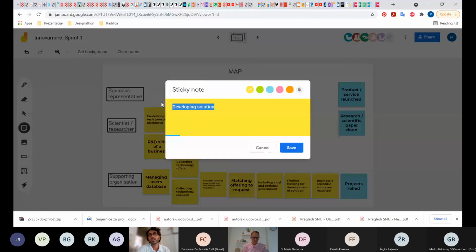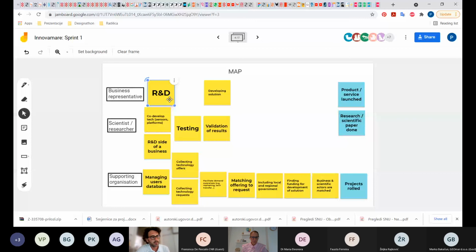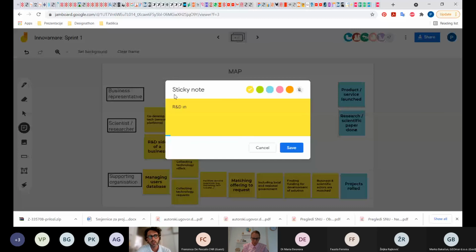So more or less, initially the research that is done, sometimes in-house, sometimes with external support, like scientists or researchers.